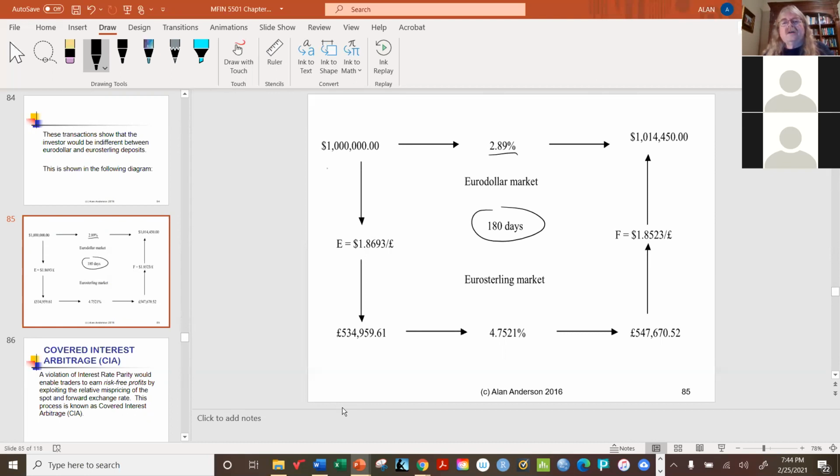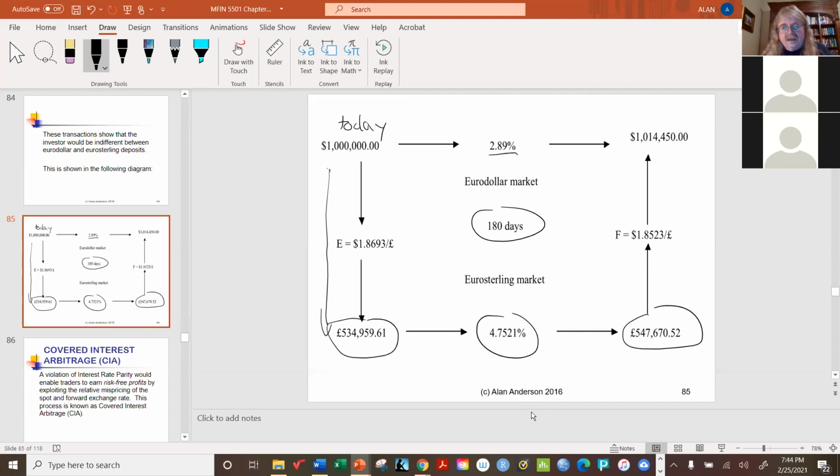If instead we choose to go and put our money in euro sterling and first exchange them at the current spot exchange rate, we earn the euro sterling amount of interest for 180 days, which brings us here. But then the key is here. This is today, by the way. This is in 180 days.